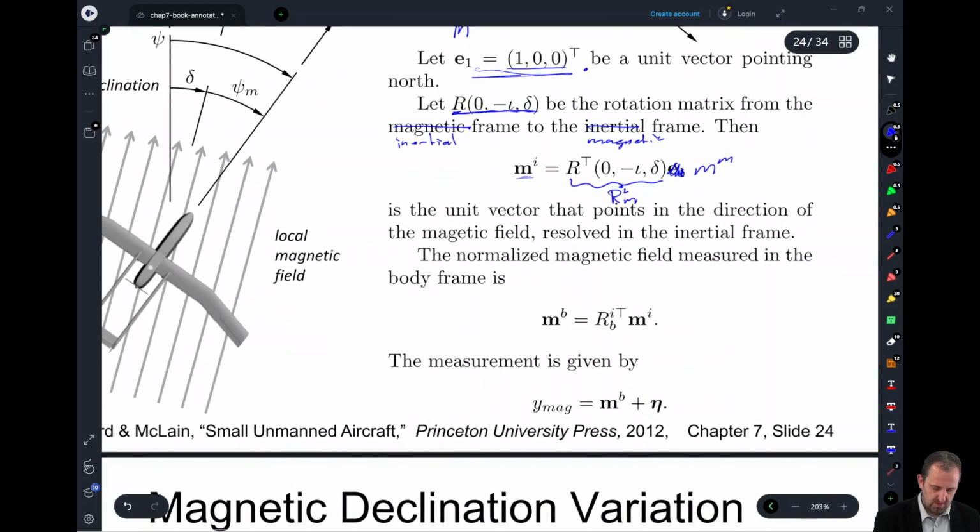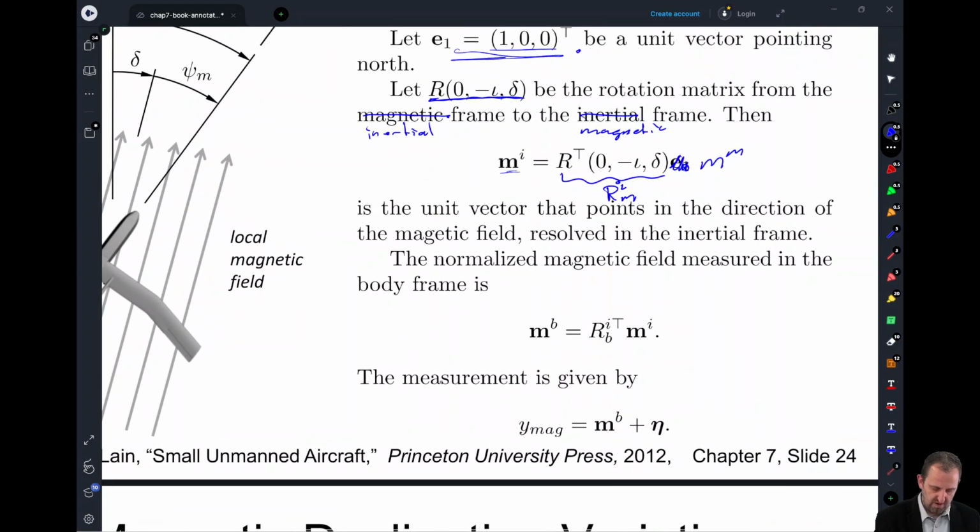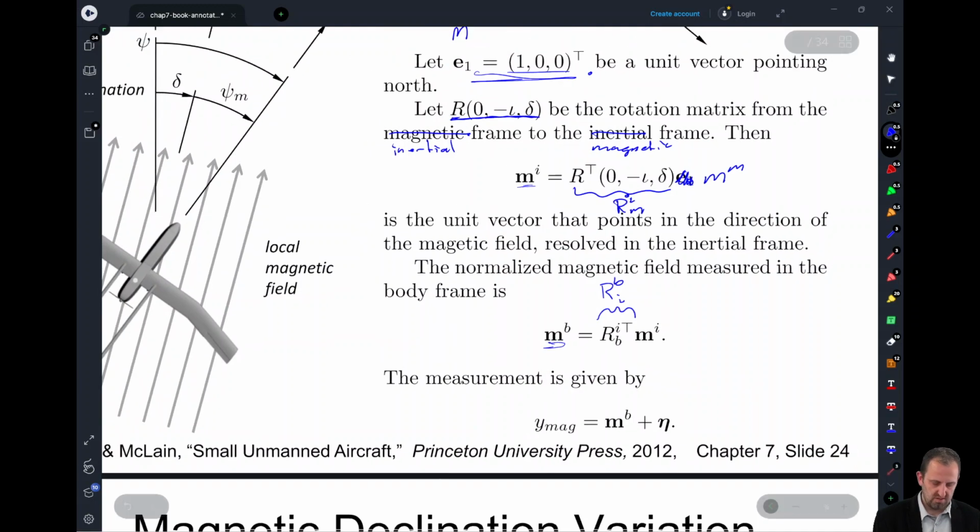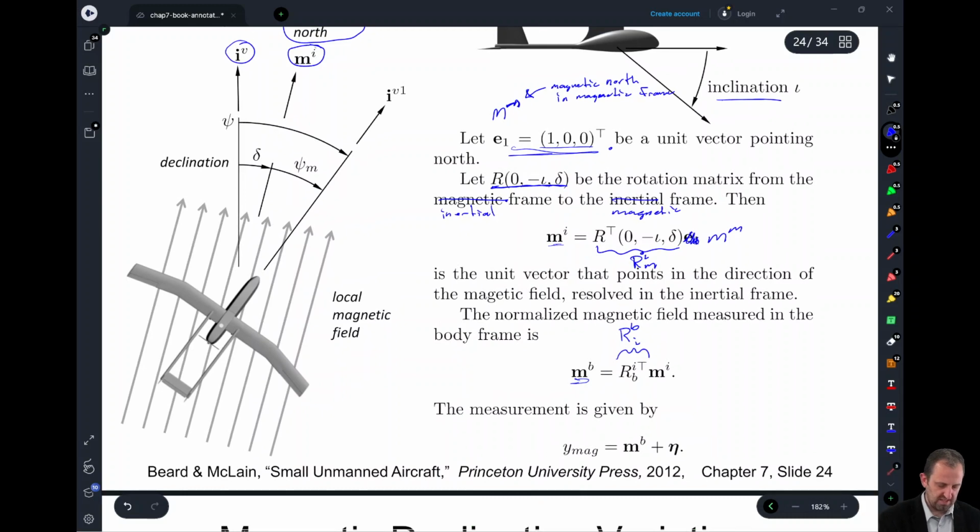And we can transpose it one more time, rotating from the inertial to the body frame, and we get the body frame measurement of the magnetometer. So again, all we're trying to do is get this vector M in the body frame.